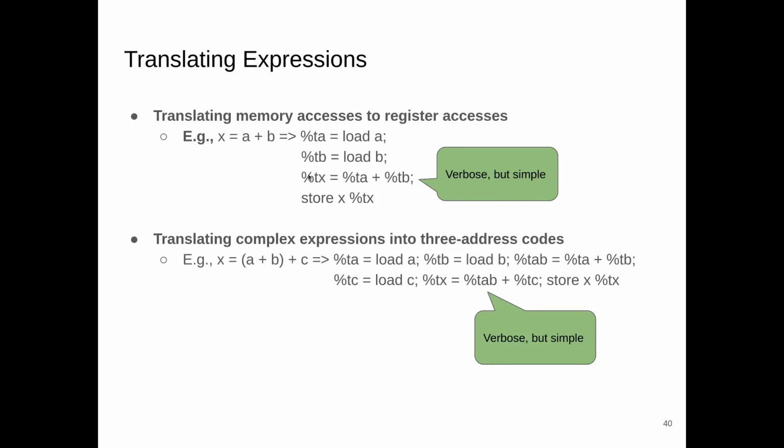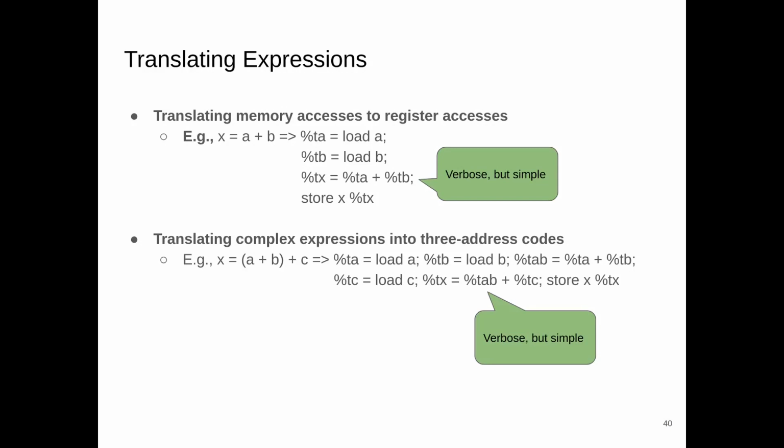And similarly, we should load the value B from the memory location B, and we store the value into this register, TB. There are two temporary registers that contain A and B respectively.